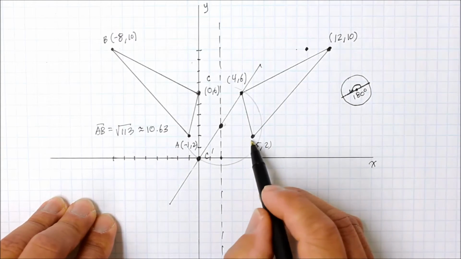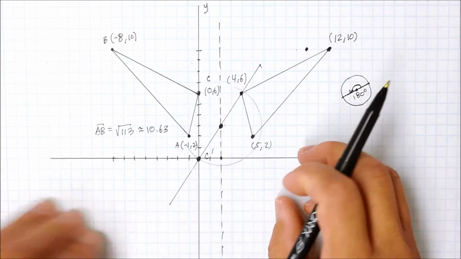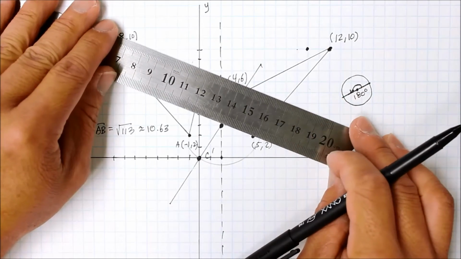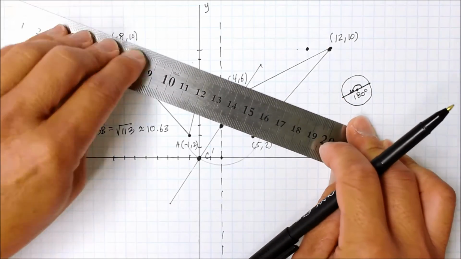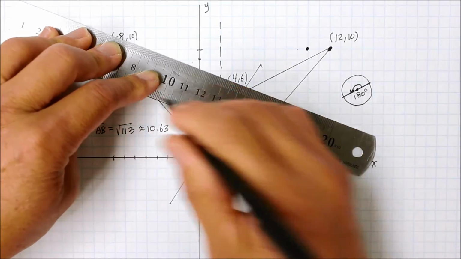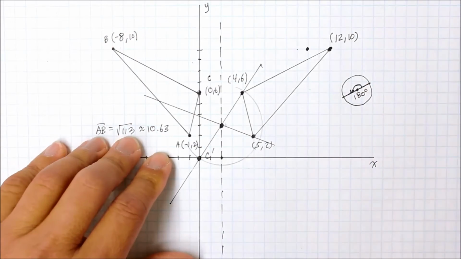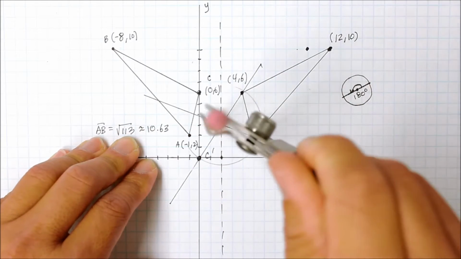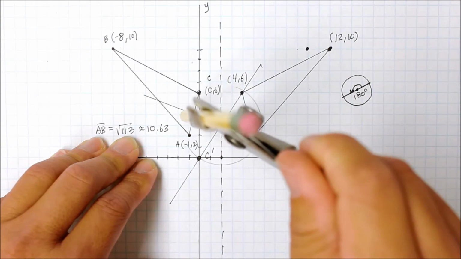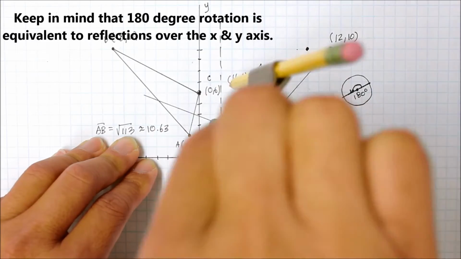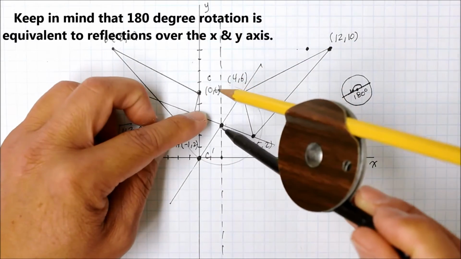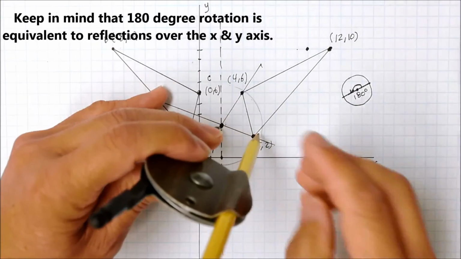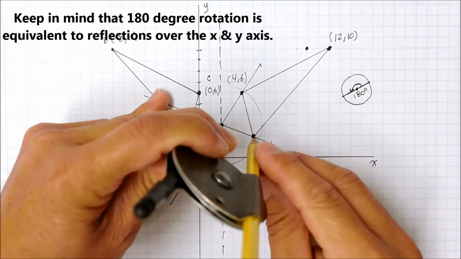Now I'm going to do the same thing with A, the new location of the A. I'm going to draw a line through the center, right there. And I'm going to extend that out as well. And I'm going to rotate that. Oops, there we go. Well, what do you know? It's going to be pretty similar to where the other guy was. Oh, but it changed. There we go. See that?